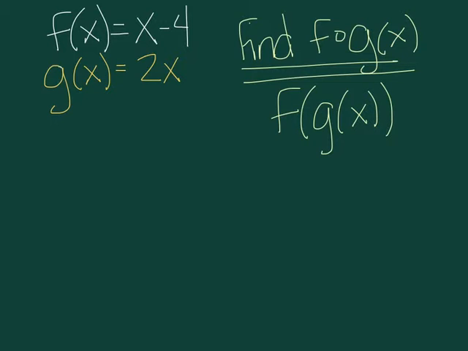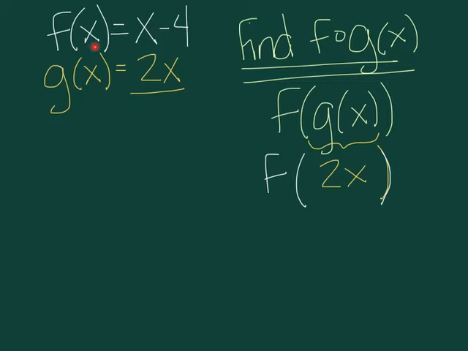I think it's a little bit easier to see because when we work with these composite functions, we work from the inside out. So we're going to start with this g of x right here. We'll say that we have f of, and then we'll put in what g of x is worth, which is 2x. So we're just replacing g of x with what it's worth. Now that we have f of 2x, we're going to replace the x in f of x with the 2x.